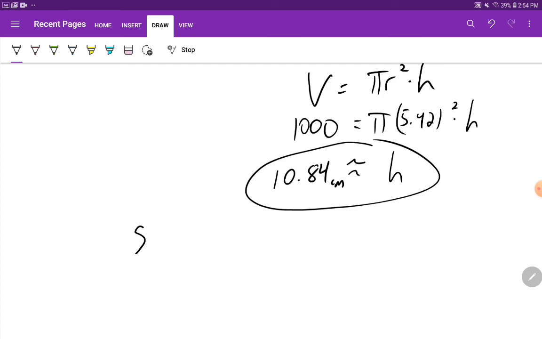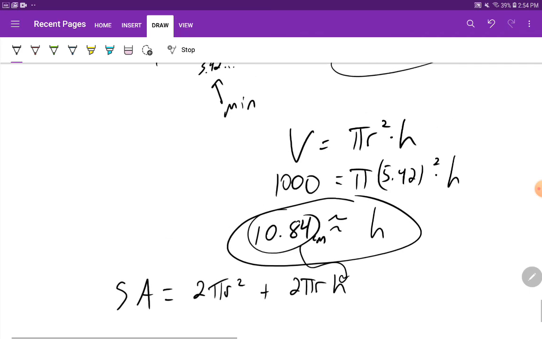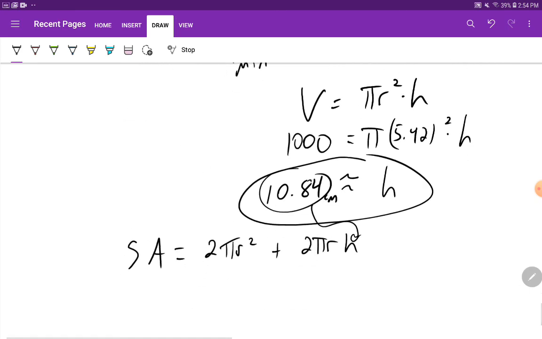So you would just use the surface area formula, which is once again 2 times pi r squared plus 2 pi r h, and then you would just plug in these values. Where's my r value? It's like 5.42, and you plug in 5.42 to figure out the least amount of aluminum you would need for this can.